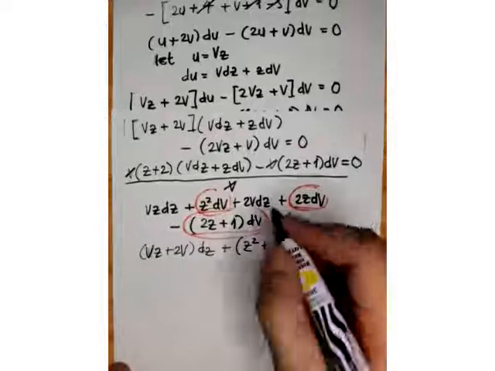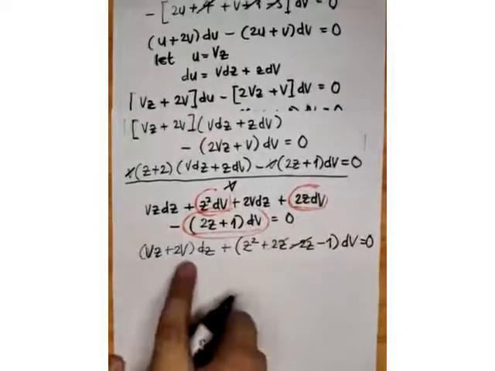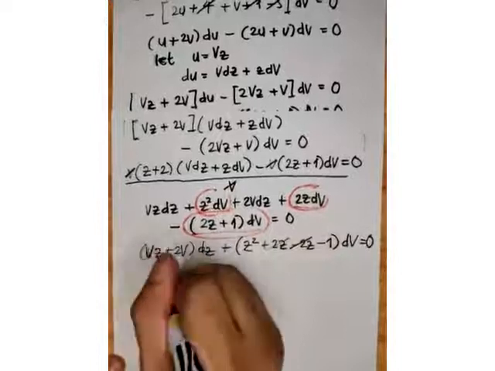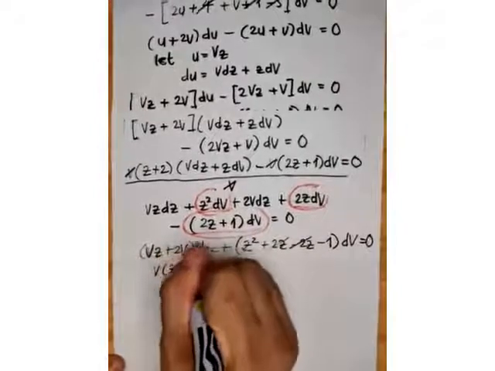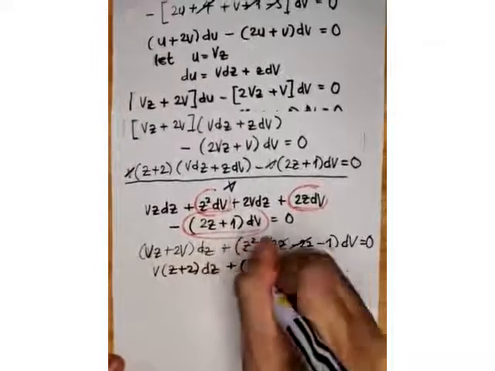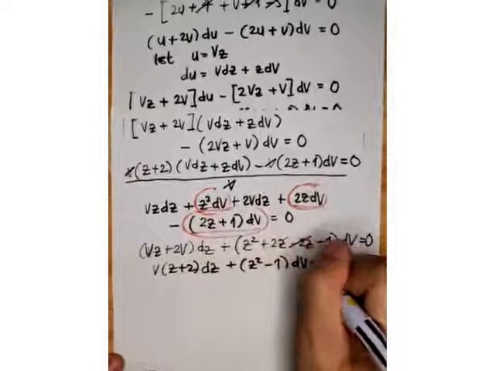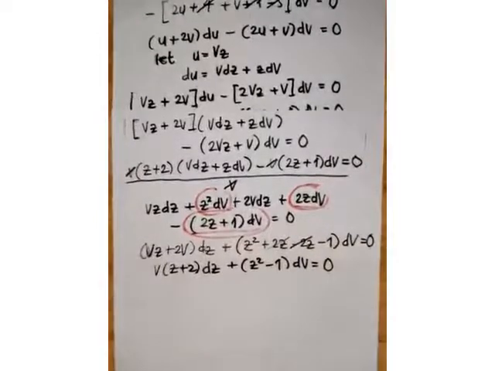Okay, pero ito ay cancel natin ito. So factor out natin yung v. So v times z plus 2 dz plus quantity z squared minus 1 dv is equal to 0. Okay, so gagawin natin ang separable.